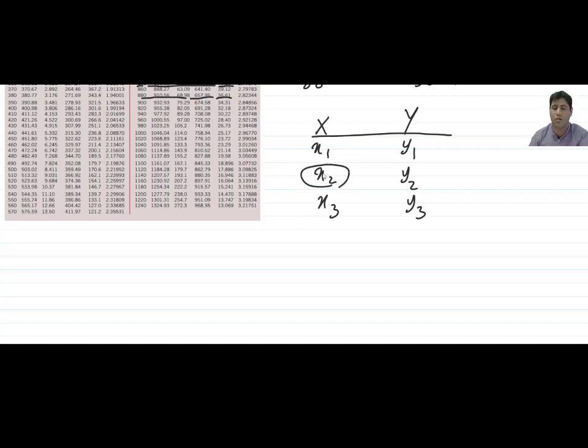Then we can write the equation like this: x2 minus x1, the medium minus the minimum, divided by the maximum minus the minimum, x3 minus x1, equals y2 minus y1 over y3 minus y1.